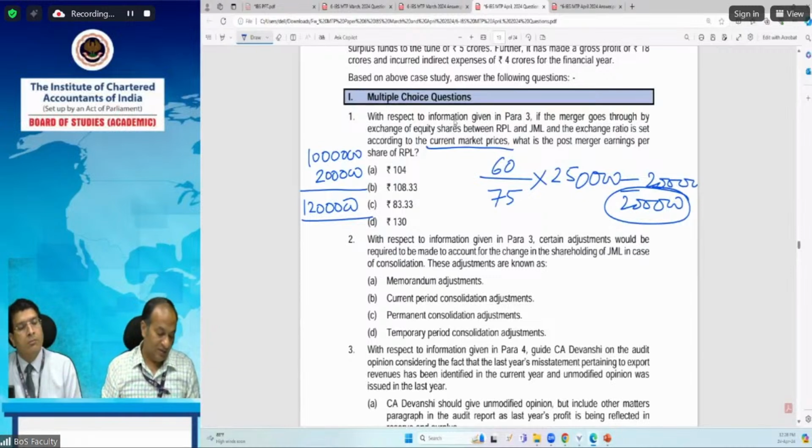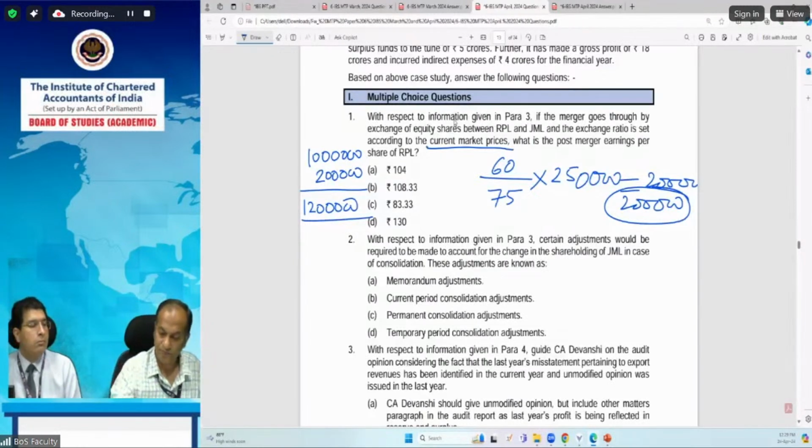The post tax earning of RPL is 10 crore and the post tax earning of JML is 3 crore, so it becomes 13 crore overall.